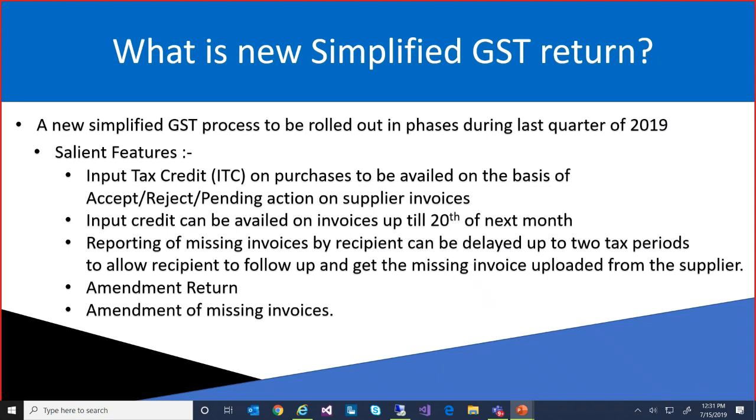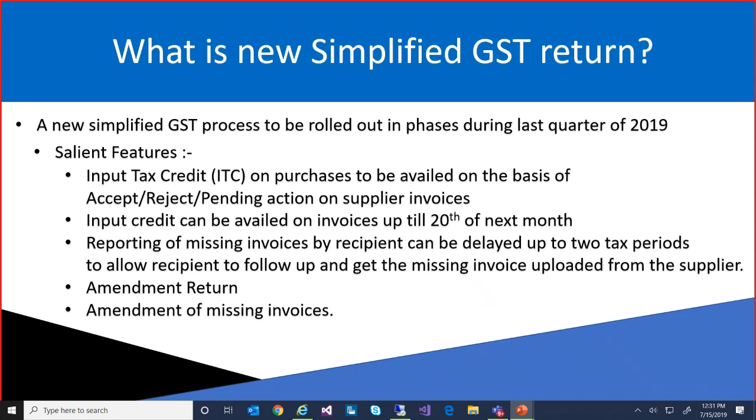Some of the salient features of this new process: the input tax credit on purchases can be claimed based on the action on the supplier's side. If your supplier uploads all the invoice details, you can accept or reject those details, and based on the accepted and rejected invoices, your input credit will be determined.